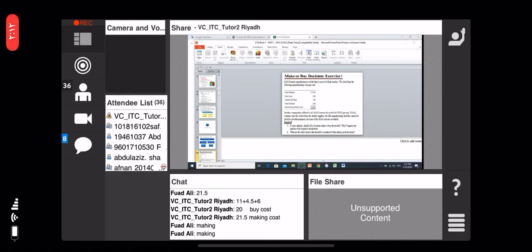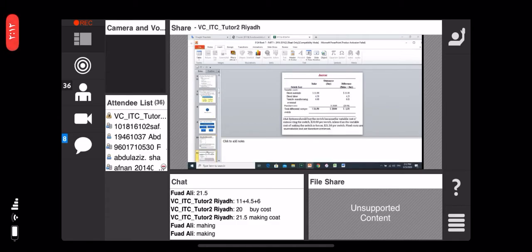So your decision will be to what? To purchases, because here, as you see, for making will be direct material, direct labor, variable overhead cost. So the total amount for making 21.5, and the total amount for purchases 20.